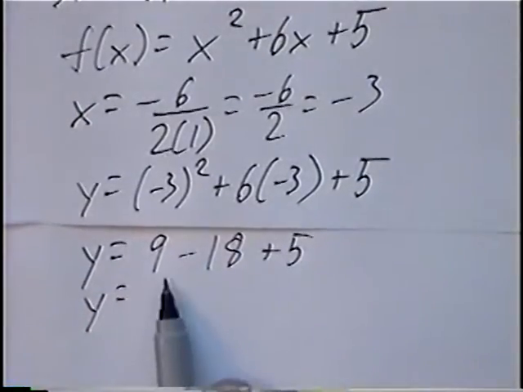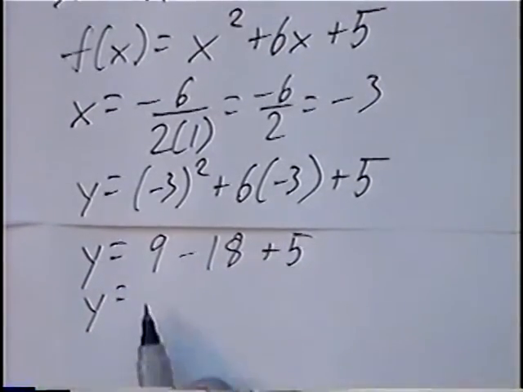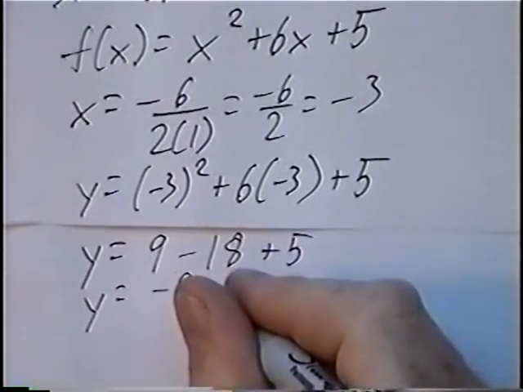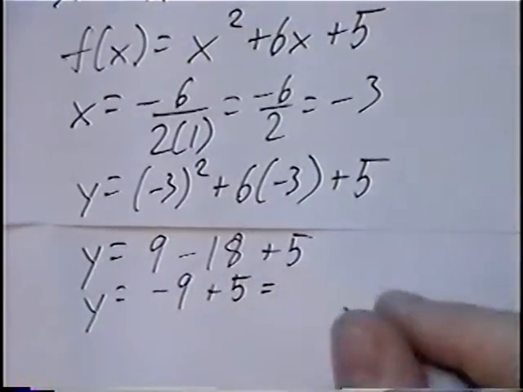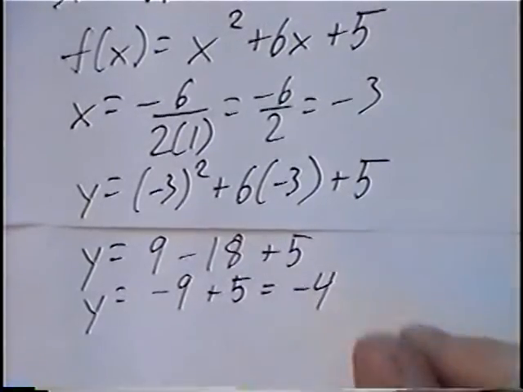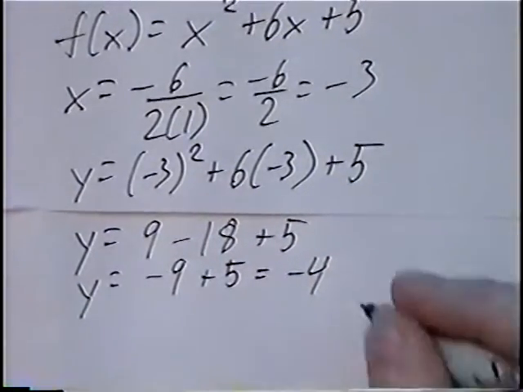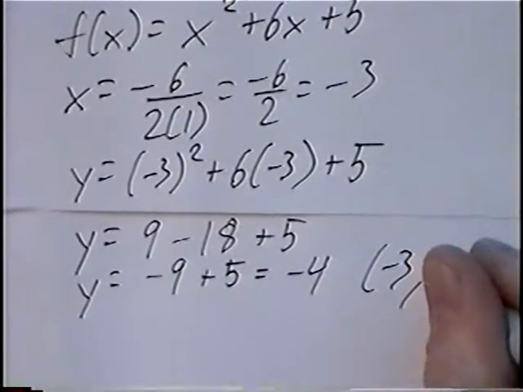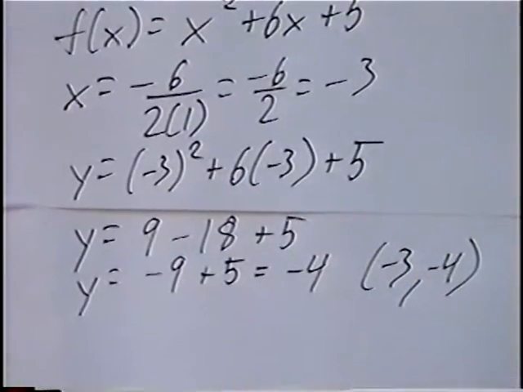Simplifying further, we'll add and subtract from left to right. 9 minus 18 is negative 9, plus 5 would be negative 4. So our vertex, we have an x value of negative 3 and a y value of negative 4.